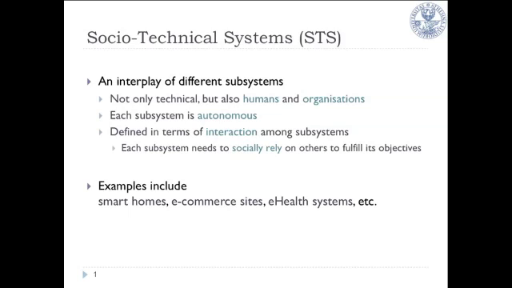So the whole system exists because each of these components relies on others to get information or interact with others. For instance, the healthcare givers get input from the sensors, and the elderly or the patient get care from the healthcare givers.